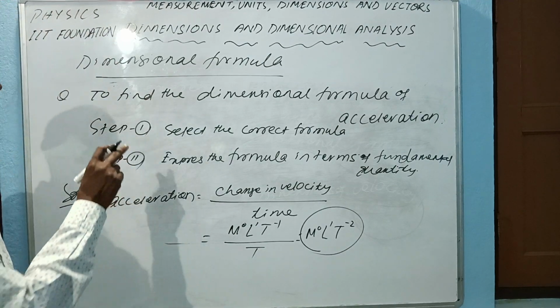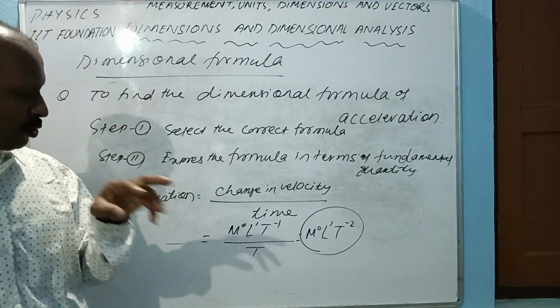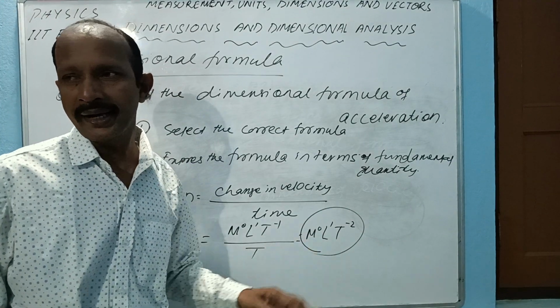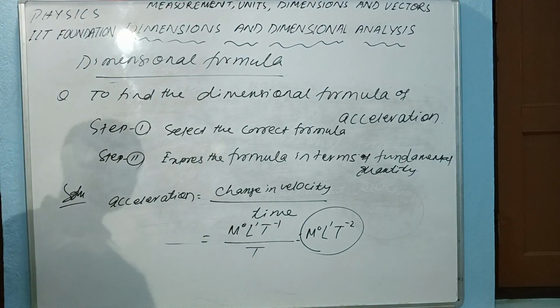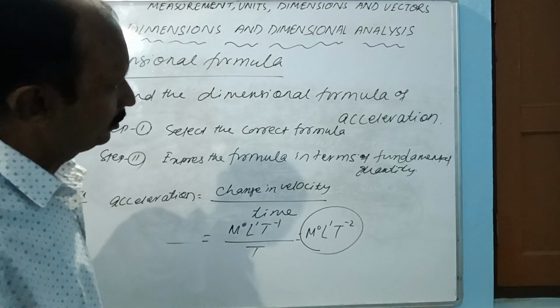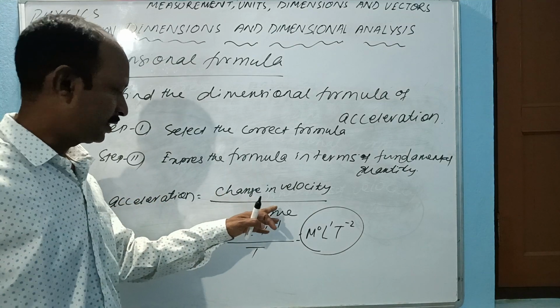The question was to find the dimensional formula for acceleration. We got M to the power 0, L to the power 1, T to the power minus 2. This is the dimensional formula for acceleration. Okay. So before that I said about the velocity, that was the displacement by time.